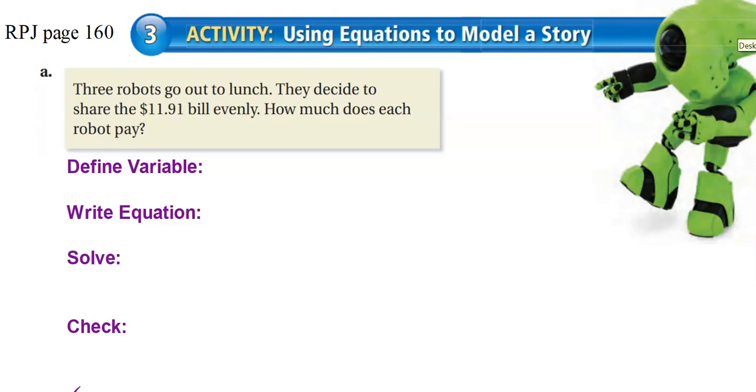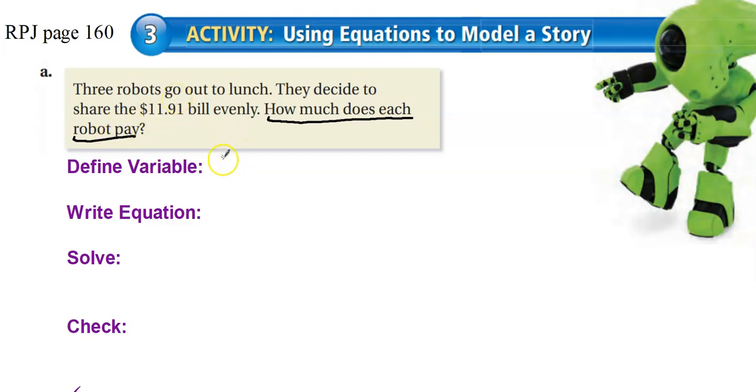So when I look at this question, and notice these are also in the Record and Practice Journal, it says 3 robots go out to lunch, and they decide to share the $11.91 bill evenly. How much does each robot pay? So to define the variable, I need to look at the question. It says, how much does each robot pay? So my variable is, sometimes I pick a letter, so I could put P for pay or M for money.